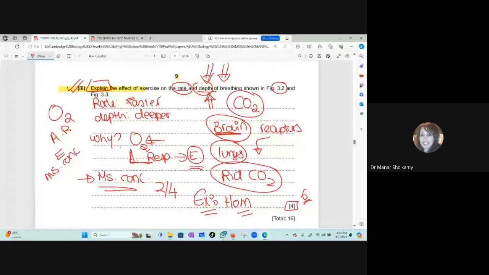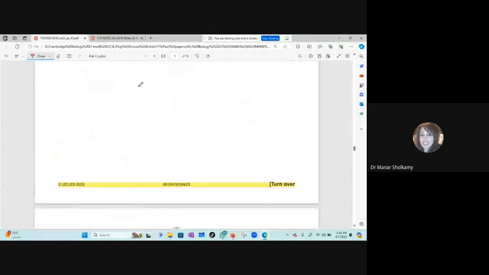And you will forget the CO2 part. You will forget that we also breathe faster to get rid of the CO2 because CO2 is toxic and the high levels are detected by the brain. And returning CO2 levels is an example of homeostasis. You will forget this part, I'm sure. This is why you will take 2 out of 4, not 4 out of 4. And that's the problem, always in paper 4.